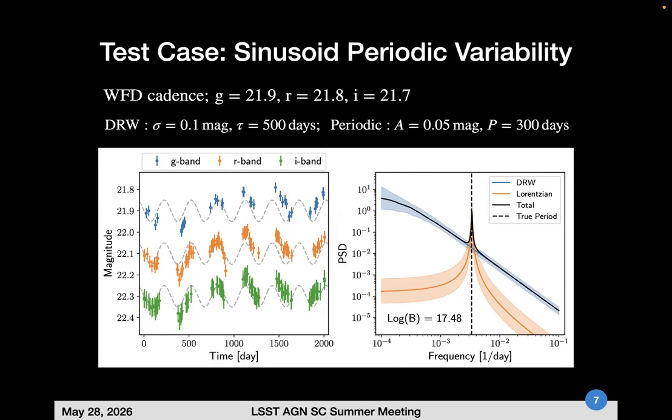On the right shows the inferred PSDs of the DRW component, in blue, and the Lorentzian component, in orange, and the black line shows the sum. The vertical lines give the input periods, and you can see that the recovered best-fit period of the Lorentzian, or here the frequency omega, matches the input well.